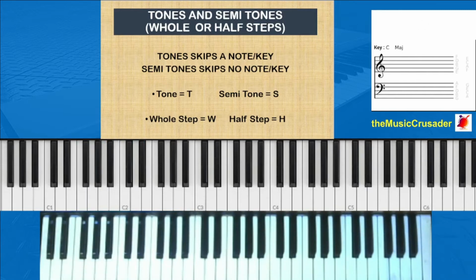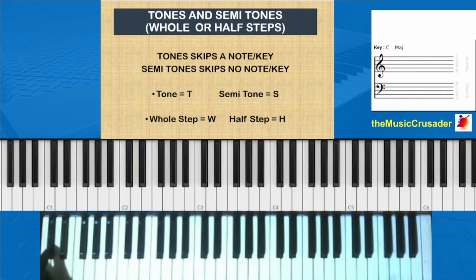Okay, now back to our tones and semitones. So if I'm here and I want to move a tone, we know tones mean the movement, the interval, the space between one key and the other. Since it says I have to skip a note, what note can I skip from here?